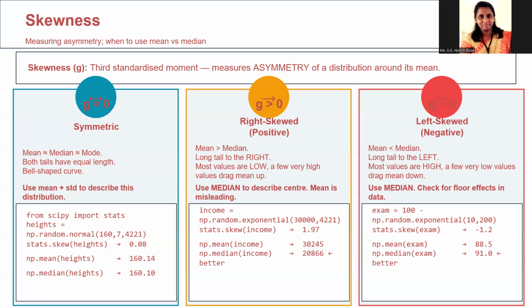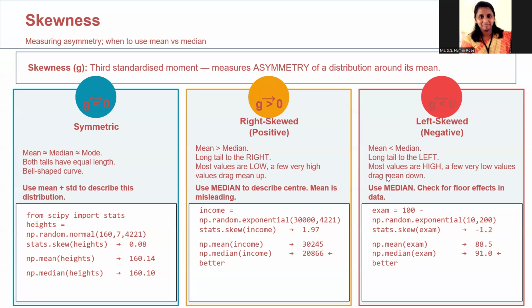Next is the left skewed distribution. Here the skewness is negative, that is negative skew, G less than 0, when the distribution has a long tail extending towards lower values, that is to the left. Most data values are high, but a few very low values pull the mean downward. What are the properties?